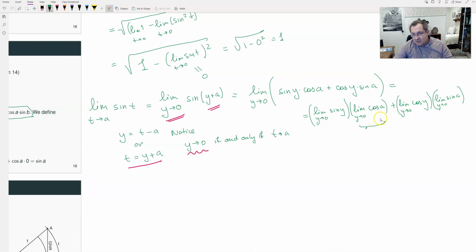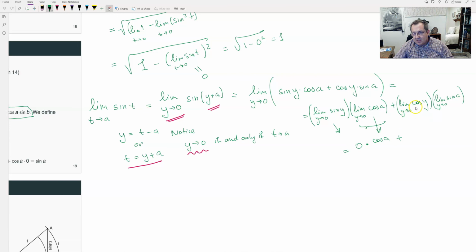Now, cosine a is a constant, so it's independent of y. The limit of cosine a is itself. However, when you say sine of y as y goes to 0, we know that limit is equal to 0. So the first term becomes 0 times cosine a.